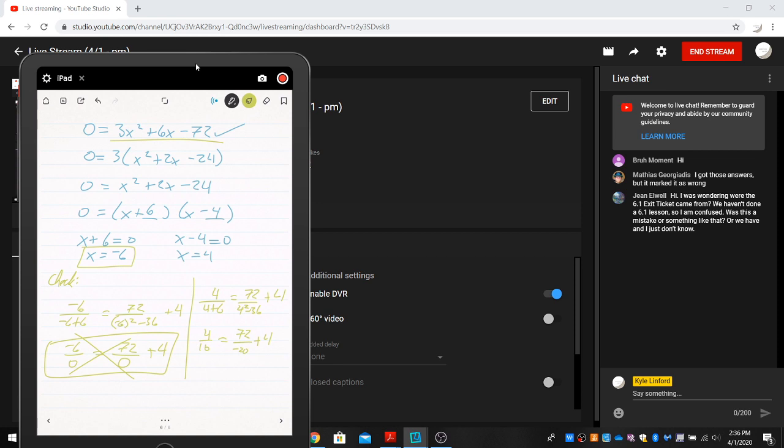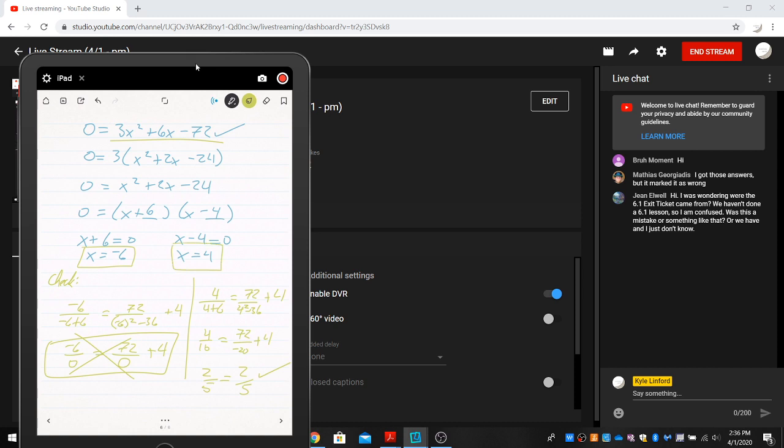That is 2 over 5. And I'm going to use my calculator to do negative 72 over 20, and I'm going to add 4 to that. And as a fraction, that number is 2/5. So it works. 4 actually solves the original problem, but negative 6 doesn't.